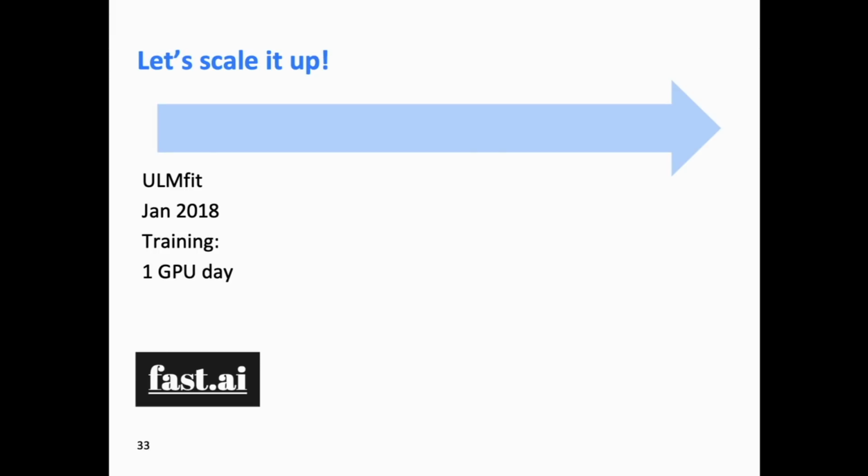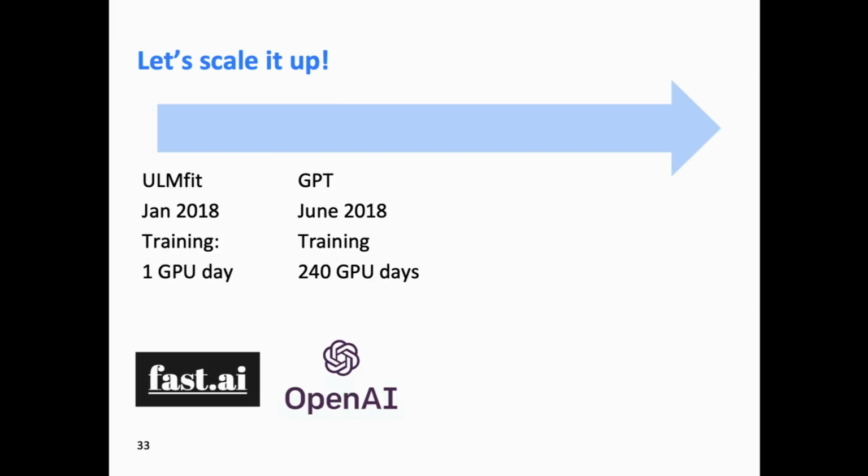Sounds appealing for CS224N final projects, remember that. But then the people at OpenAI decided, well, we could build a pre-trained language model and train it on a much larger amount of data, with a much larger amount of compute, about 240 GPU days, and that will get a lot better.